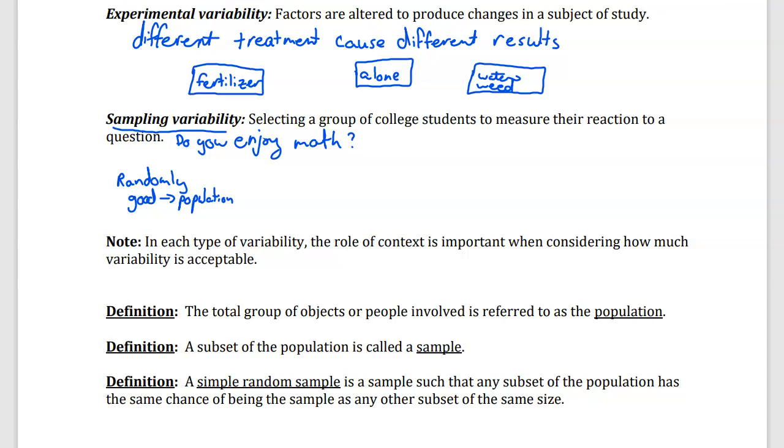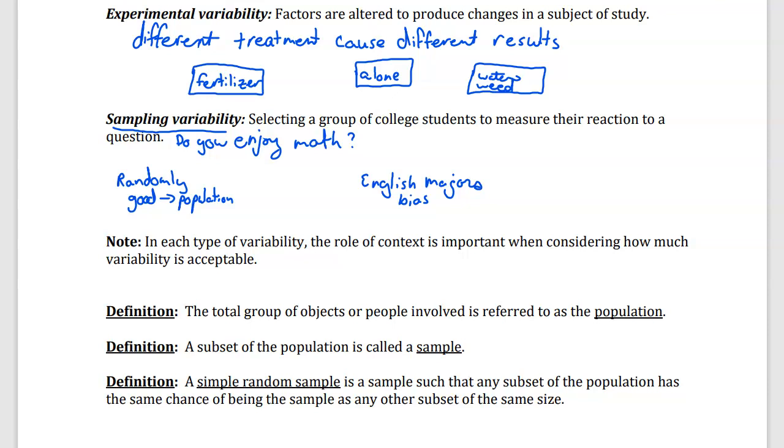As opposed to if I go into a group of students that are English majors and ask 20 of those students, there's going to create quite a bit of what we consider bias. Because most English majors are not going to enjoy math. It's kind of vice versa. Most math majors don't enjoy English.